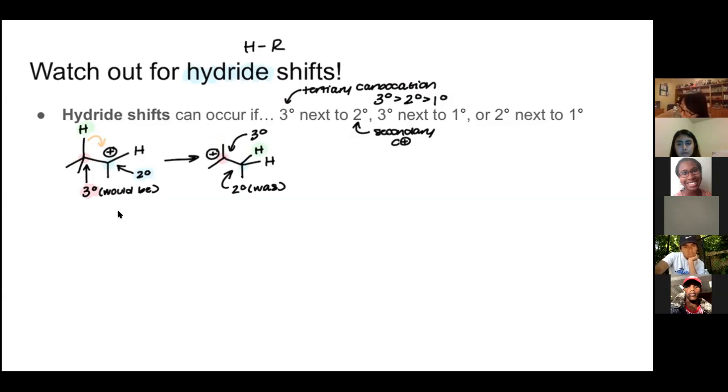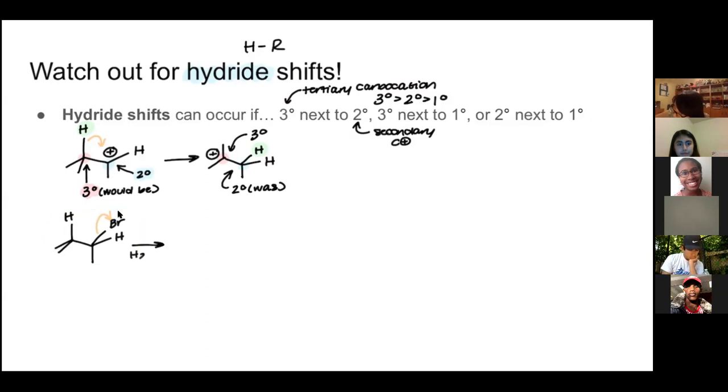And so if I want to show you an example where it's not a carbocation at first, sometimes you'll see it where you'll have a leaving group first. So in this case, the halogen, bromine, will just become an ion.